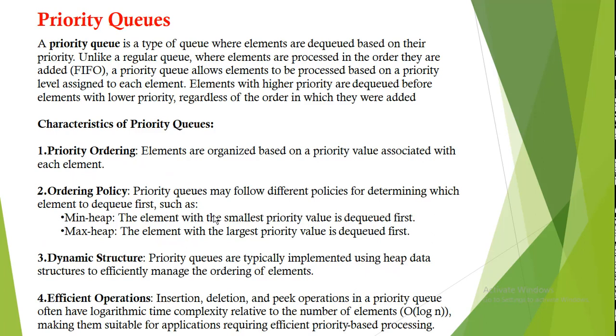In priority queues, first I'll explain how the data will be structured, and after that we will go for the definition. In priority queues the data will be structured in this format. This is one node.